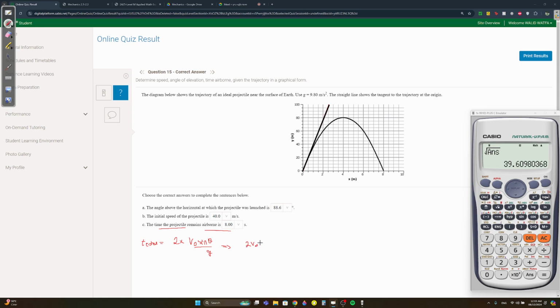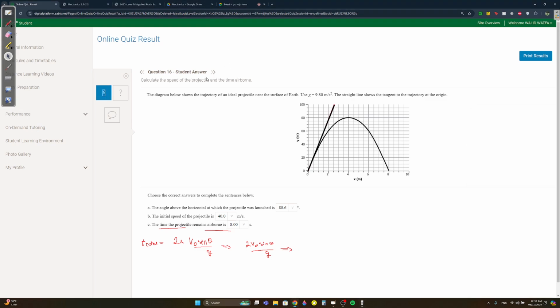It's 2 v naught sine theta over g. So you're going to get 2 times 40 sine 88.6 over, what was it, 9.8? 8.16. They rounded it to 8 seconds.